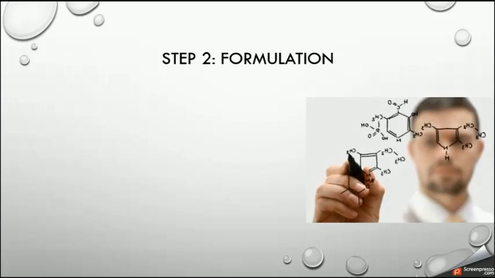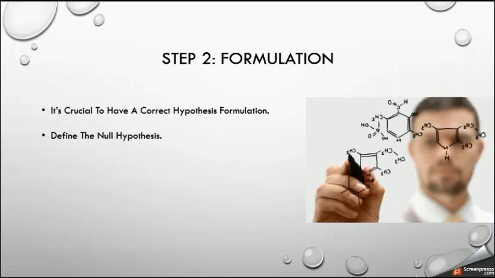After preparation, we are going to formulate our hypothesis. This is also an important step. The formulation firstly is to define our null hypothesis. The null hypothesis is nothing more than our initial assumption, for example, for the mean value or the average of the property we are looking at in this population.